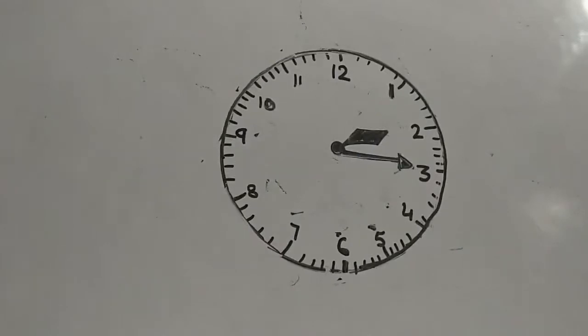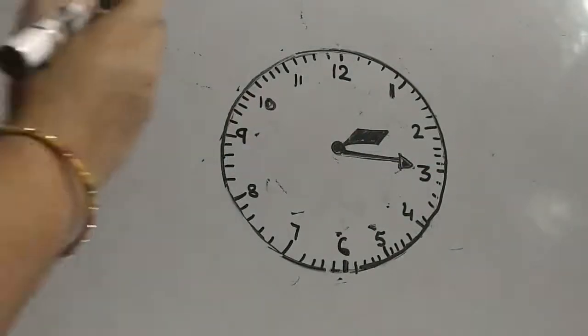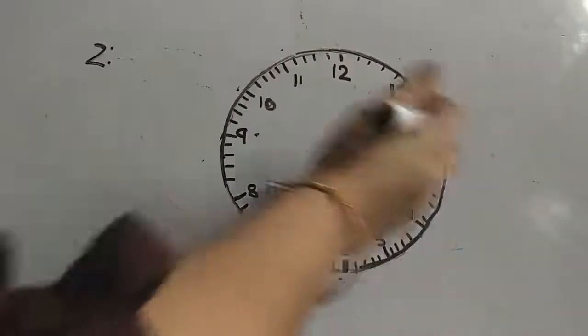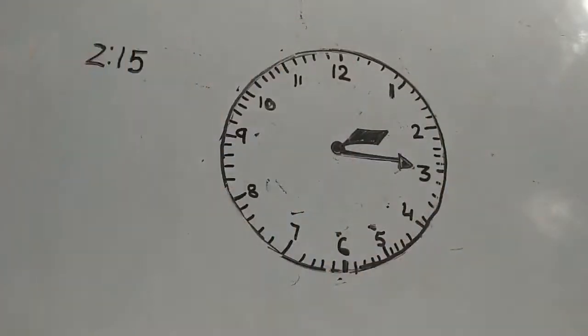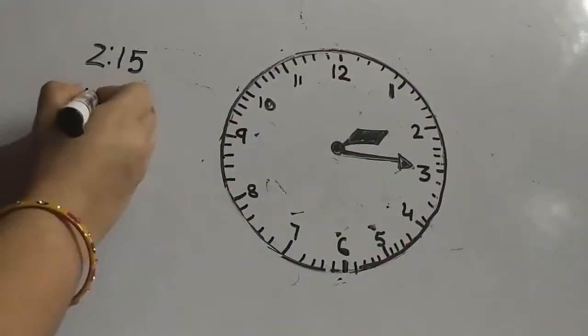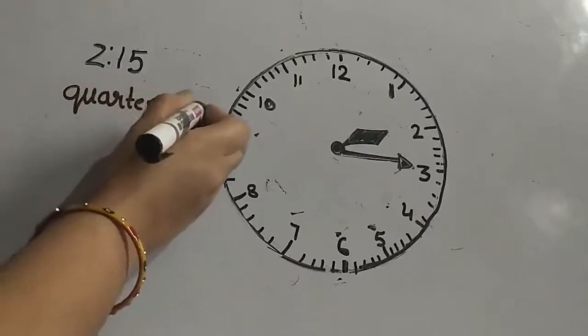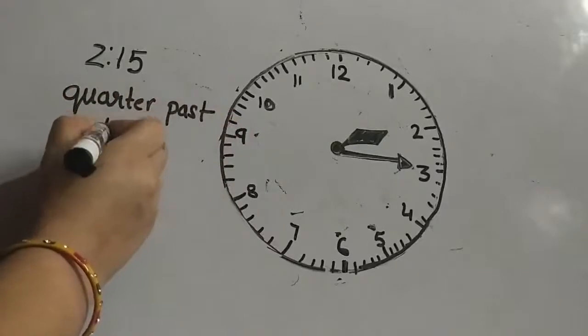Now our hour hand is in 2 and the minute hand is in 3. So the hour hand is 2, then the minute hand is in 3. It means 15 minutes, 2:15 or quarter past 2.